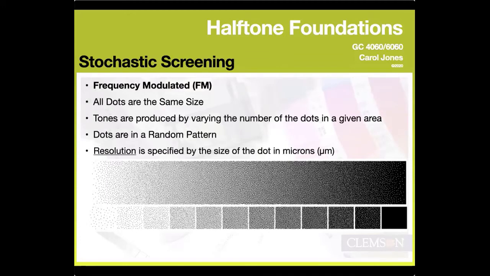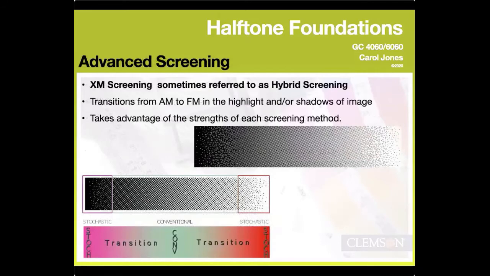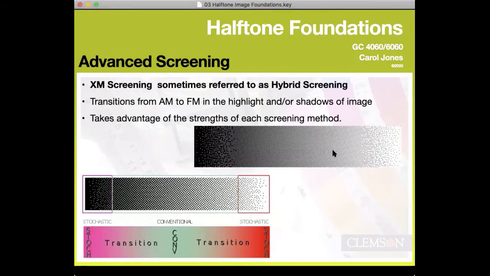So to get something that worked a little better, they moved to some more advanced screening. When we move out of doing just AM screening or FM screening, they call it XM screening, or full HD or hybrid screening. So in this case, you don't have just one or the other, you're actually combining the two.